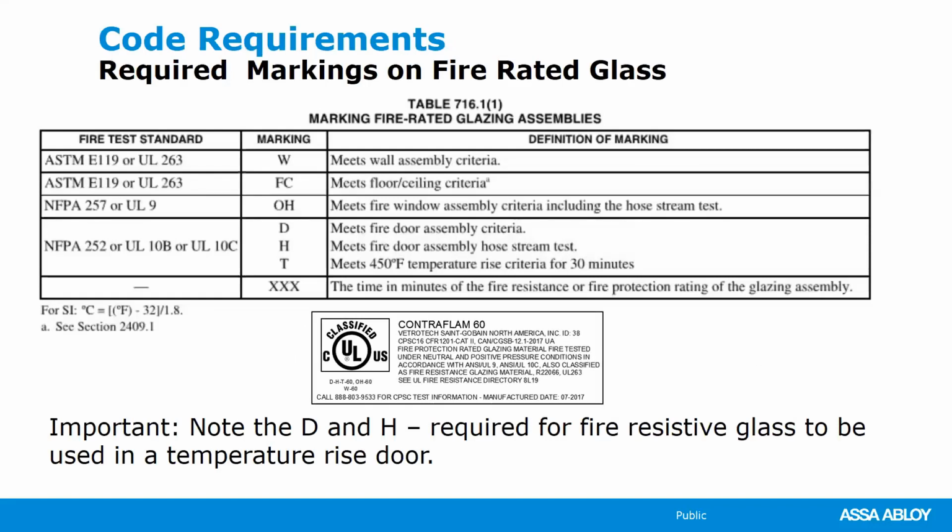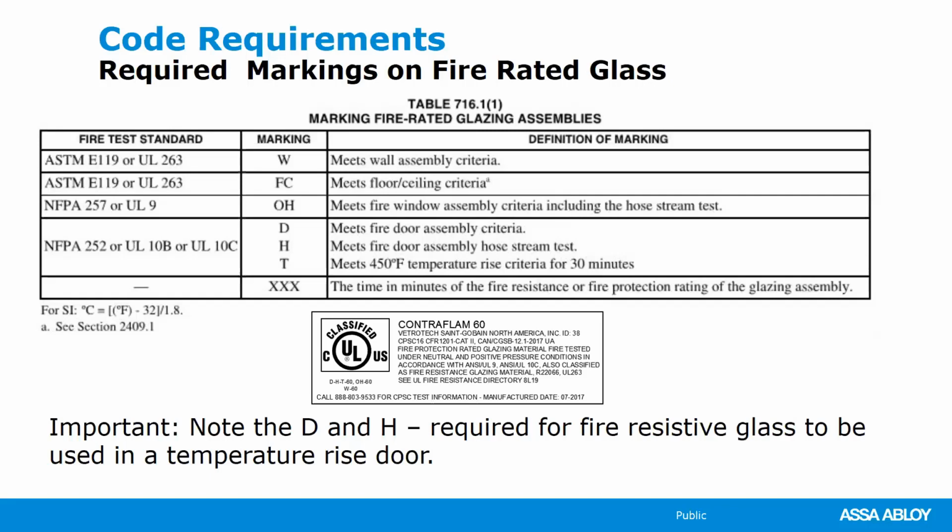The code requirements in this table are directly out of the 2018 building code. If you'll note, there are different markings that are used to identify fire resistive as opposed to fire protective glass.